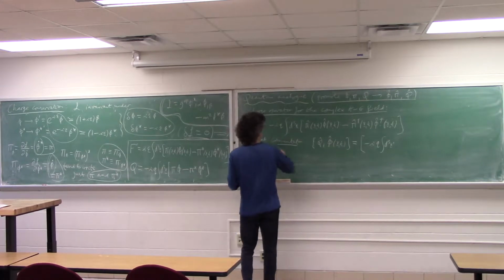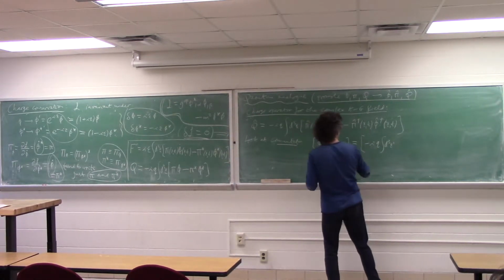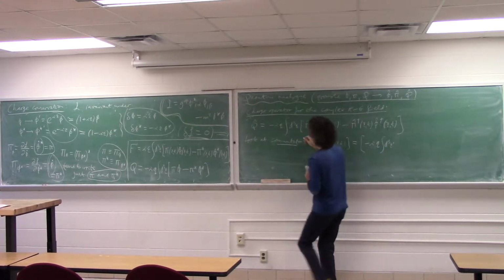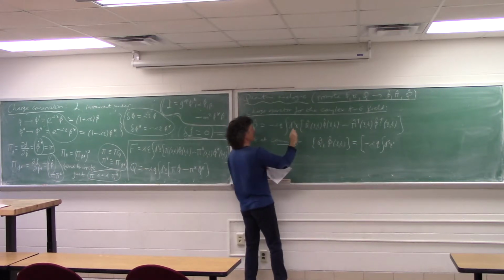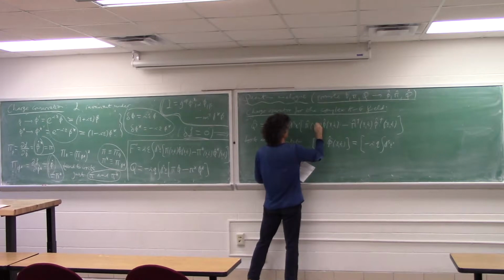So our charge operator, we have minus iQ, the integral d3x, so let's replace the x here. Let me do what my evaluator always tells me I'm not supposed to do. Let's put x primes here.